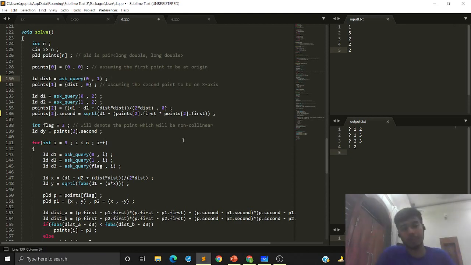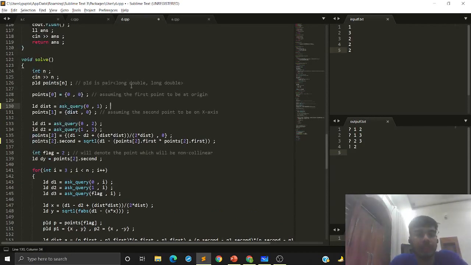Because we are dealing with doubles and long doubles, it is possible that we might face some precision issues, and we should try to minimize them as much as possible. So the first point is we should use doubles or long doubles whenever we are dealing with floating point numbers. Why? Because they have higher precision and they can help us minimize the precision issues.